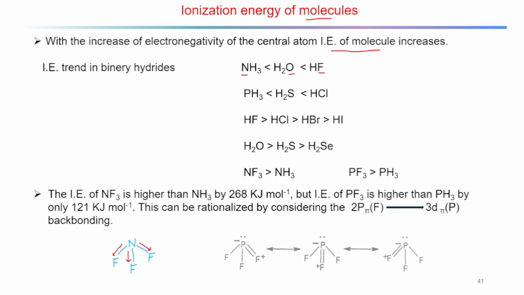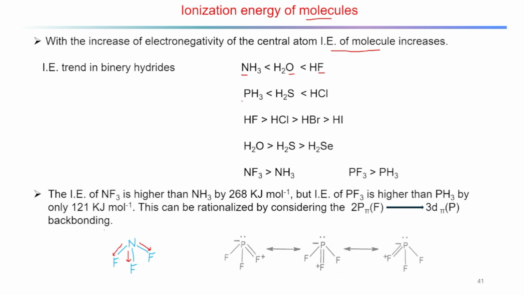So as the central atom is becoming more and more electronegative, what the electronegativity is I will show in the later part of this lecture. I'll describe electron affinity and electronegativity, all these things. Just for the time being, remember, as we are increasing the electronegativity of this atom, the ionization energy increases because the central atom holds the bonded electrons more tightly.